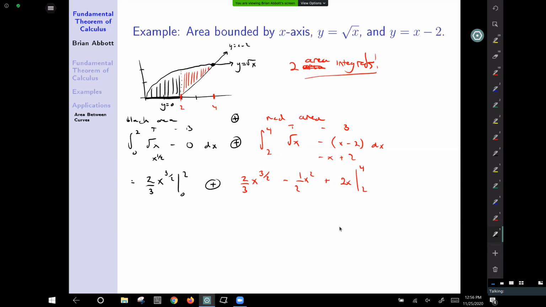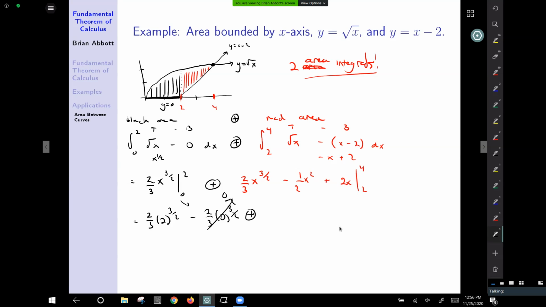So let's do some algebra here. Why not? 2/3 times 2 to the 3/2 power plus, all right. Oh, no, don't get carried away. Remember, you got to do the entire thing here. So you got to subtract the 0 guy. So 2/3 times 0 raised to the 3/2 power. Well, that's kind of nice because that's just 0, so we can move on from that one. Plus now it's our red guy.